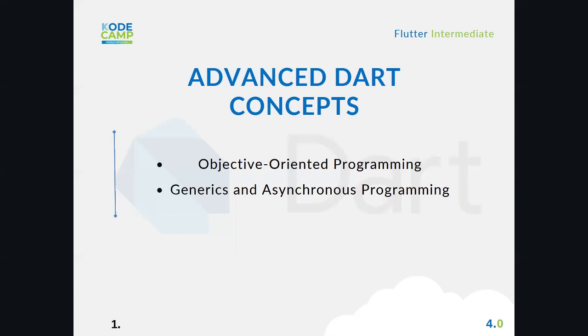And oriented means interested in a particular kind of thing or entity. So in basic terms, OOP is a programming pattern that is built around objects or entities. That's why it's called object-oriented.